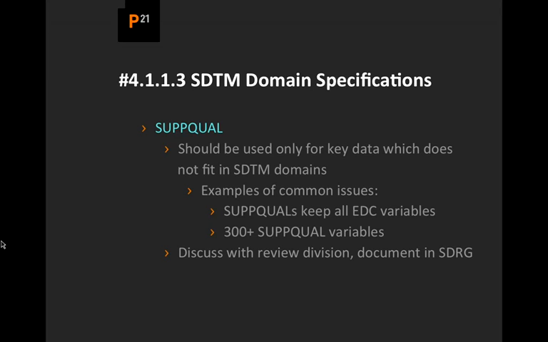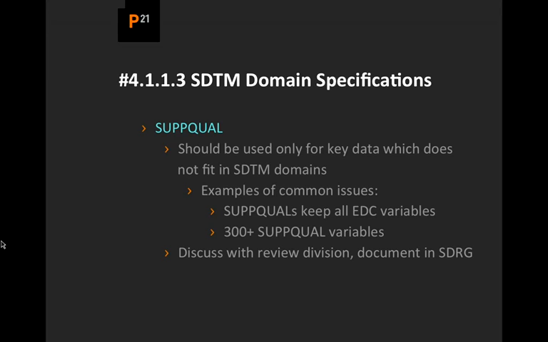SUPPQUAL domains should be used only for key variables which do not fit SDTM domains. Examples we have seen in submission data include SUPPQUAL domains which keep all EDC or raw variables in addition to SDTM variables.